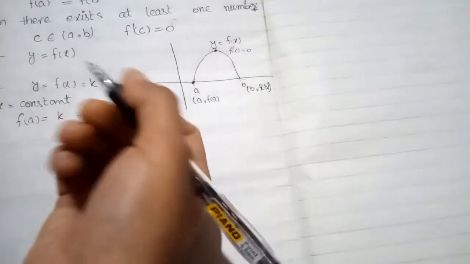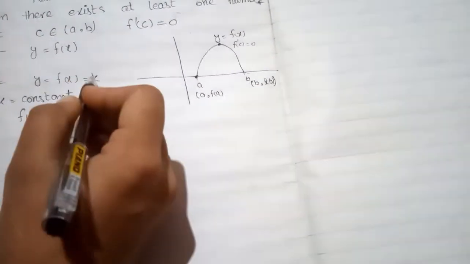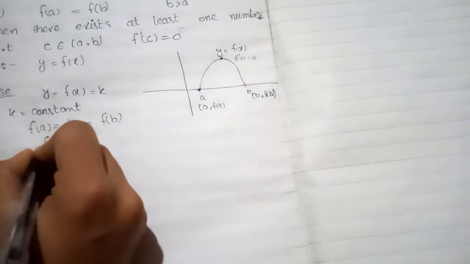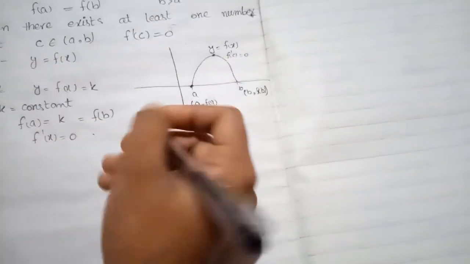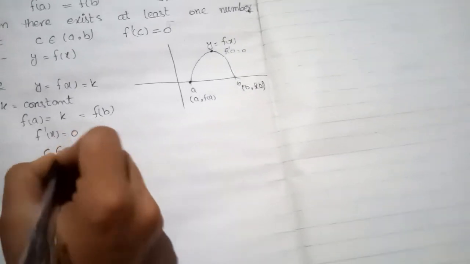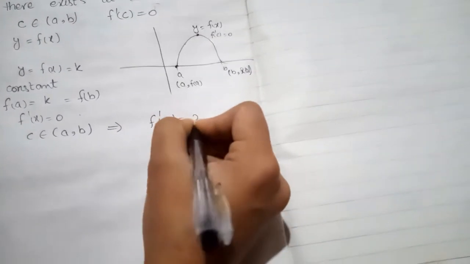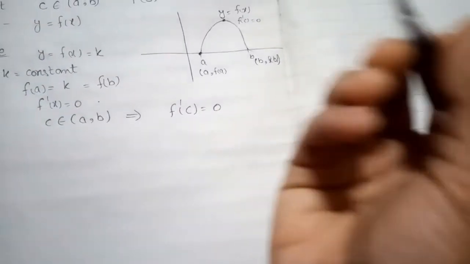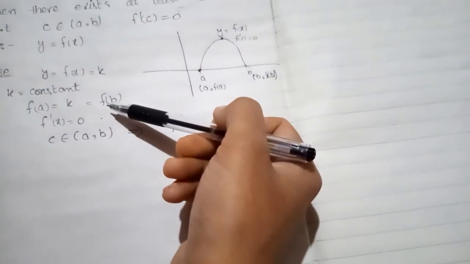The derivative of a constant function is 0, so for any number c in the interval (a, b), the derivative of the function at c is equal to 0, and we have proved the case when the function is constant.